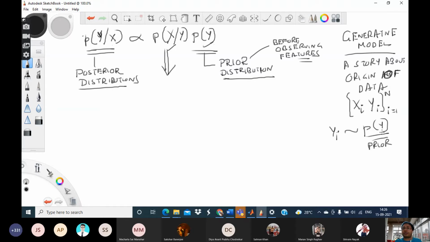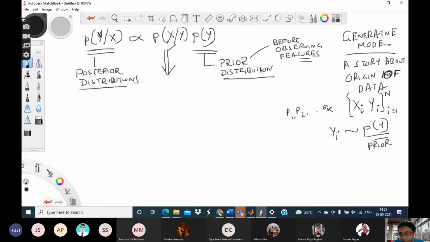So what the creator did is basically roll a weighted dice with k faces, where each face has probability small p_k, that is p1, p2, up to pk.